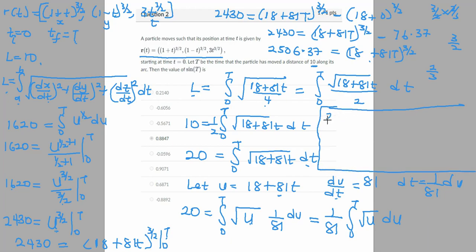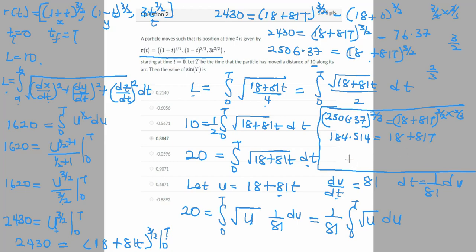That will be 2506.37 raised to power 2 over 3 equals 18 plus 81t raised to power 3 over 2 times 2 over 3. The 2 over 3 will cancel this, so this will be left with 1. So press this in your calculator: 2506.37 squared, then cube root. So you're going to have 184.514 equals 18 plus 81t.